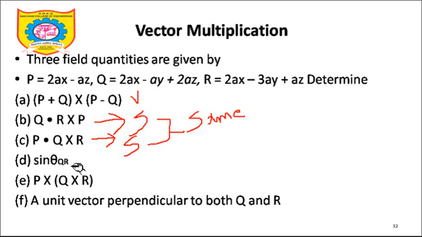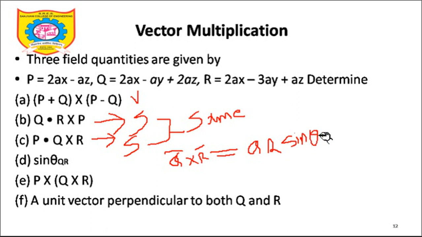Then sin theta QR, how can you calculate sin theta QR? Q bar cross R bar is equal to QR sin theta. So you can write this as QR sin theta, and so sin theta is equal to what?